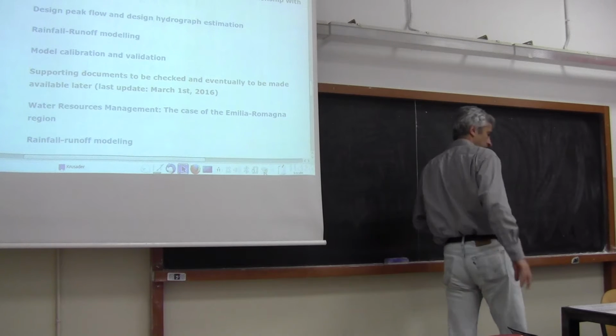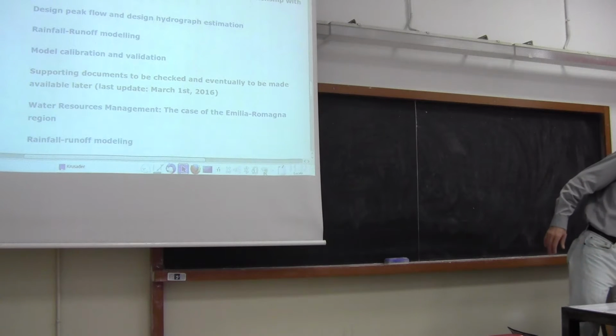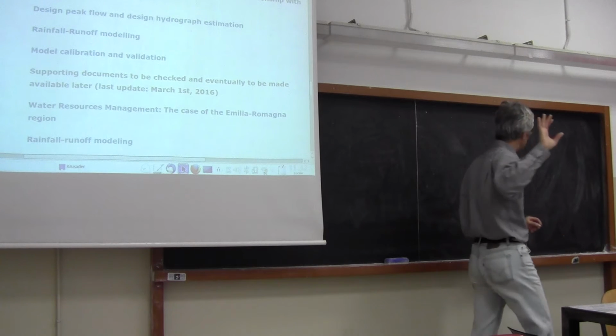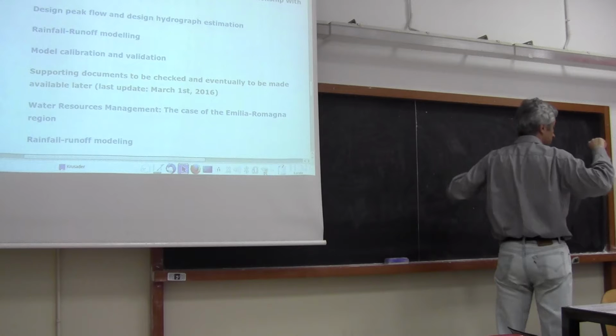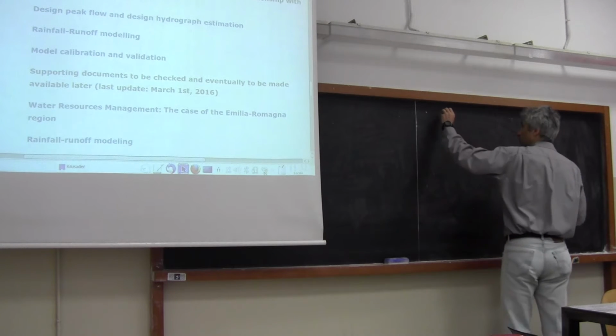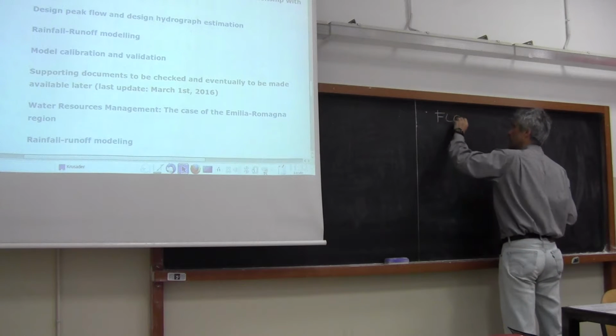Again, this is a very classical problem. If you look at the web, as I prepare my lectures, I will put a lot of links. Usually, water resources availability from a river is quantified through a graphical tool, which is the flow duration curve.